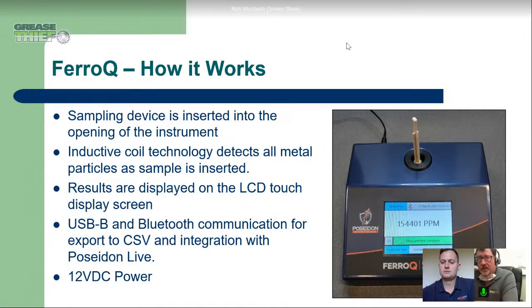So it sounds like a great opportunity for those who already have the sensors from Poseidon, or who are considering adding them, because now you've got an option to address not only the gearbox, but also the rest of the drivetrain by bringing the grease results into the same data stream. Yep, for sure. It encompasses the full drivetrain.